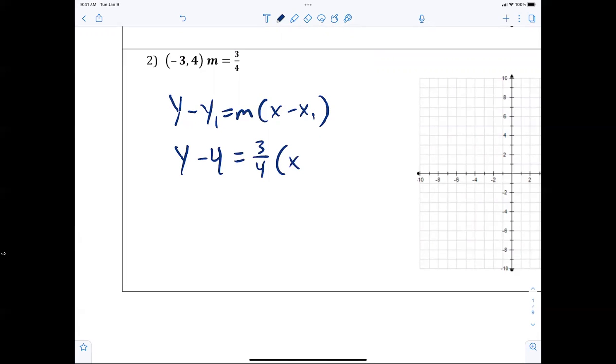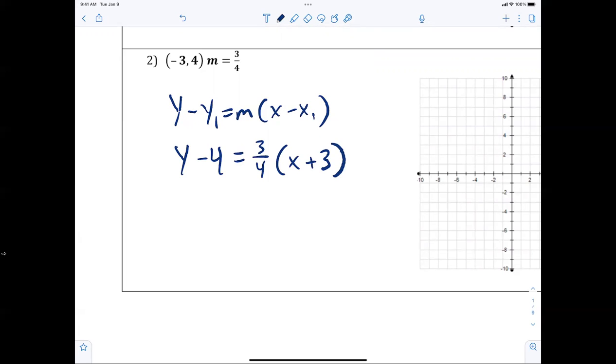Minus negative would be a plus 3. Perfect. You agree? That's how easy it is. That's how you write the equation of a line if they give you a point and a slope.